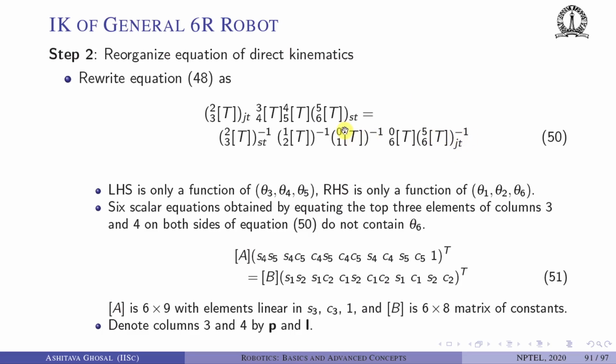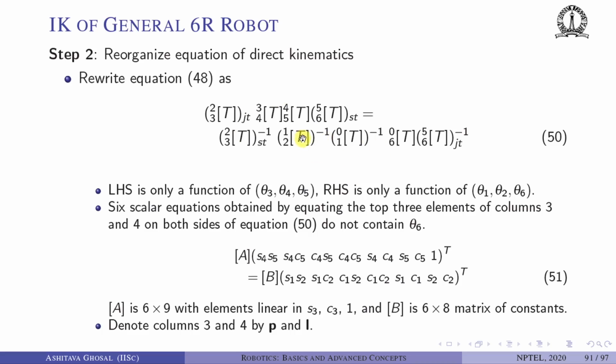This is the same as the direct kinematics equation. If you think a little bit about it, we have broken some of the matrices into the structural part and the joint part and then rearranged. It turns out that the LHS is only a function of theta 3, theta 4, and theta 5, whereas the right hand side is a function of theta 1, theta 2, and theta 6.